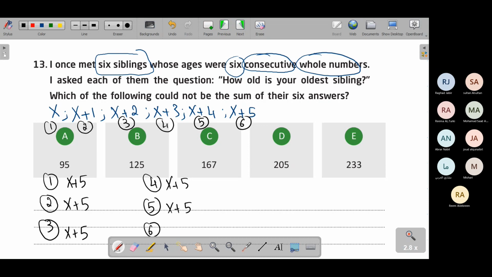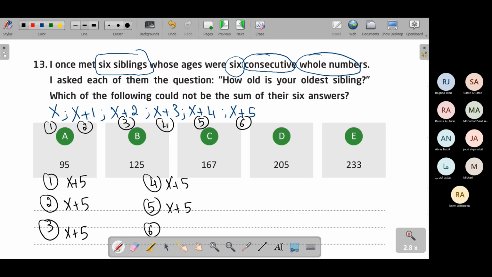So I call the first one X. If my age is, for example, 30, the next one will be 31, which is 30 plus 1. Then the next one will be 32, which is 30 plus 2. So if my age is X, the second one will be X plus 1, then X plus 2, then X plus 3 till X plus 5.